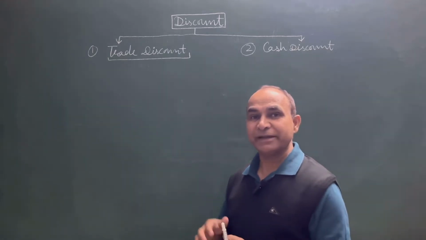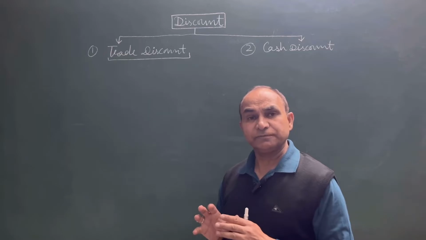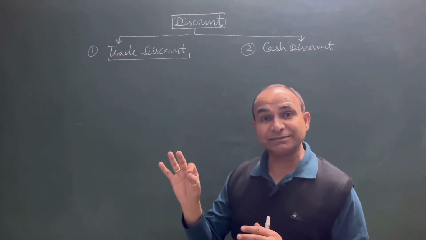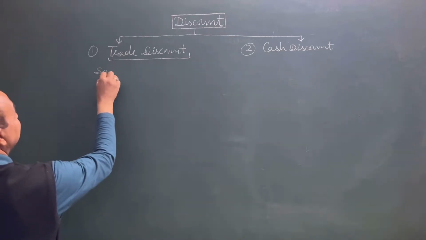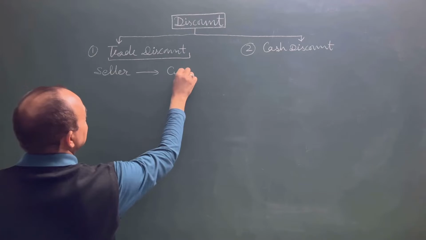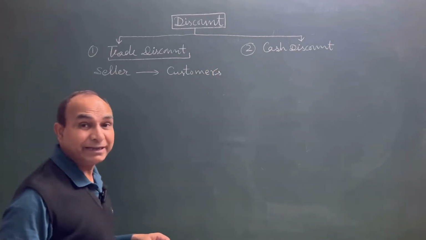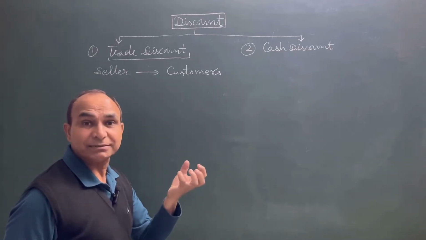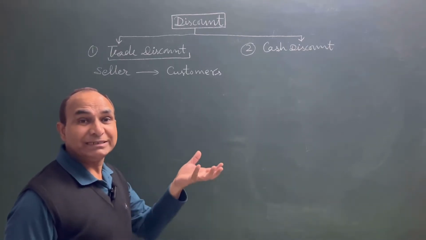Further, trade discount is the discount allowed by the sellers, the vendor, to customers. Why? Just to attract the customer and to promote the sale, in order to increase the sale.